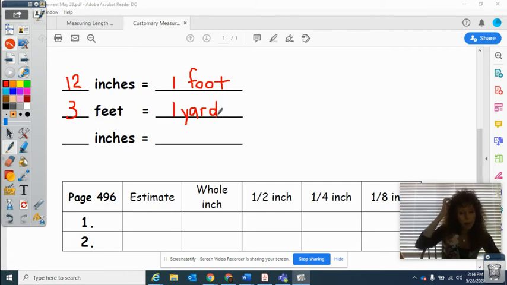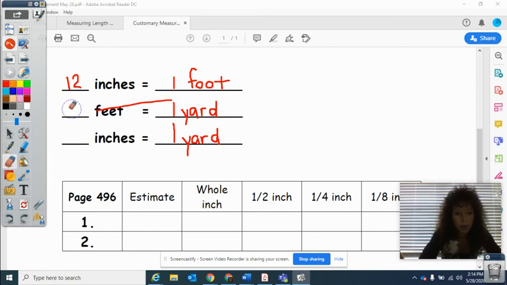And then if 3 feet are in 1 yard, how many inches are in 1 yard? Well, if 12 inches equals 1 foot, and 3 feet equals 1 yard, then we multiply 12 inches in each foot times 3 feet.